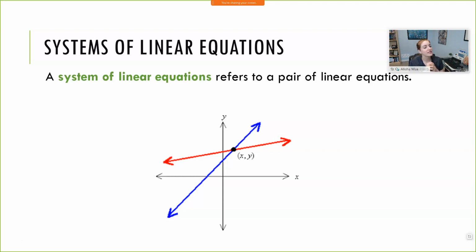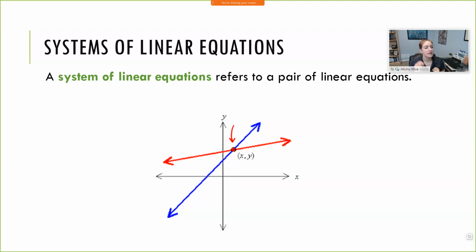As I mentioned before, a system of linear equations is a pair of linear equations, so two lines. And what you're doing is imagine graphing those two lines. The solution is going to be the ordered pair where they cross, or where they intersect. That's the point that we're looking for. So we're looking for a solution of x and a solution of y when we're solving a system of linear equations.